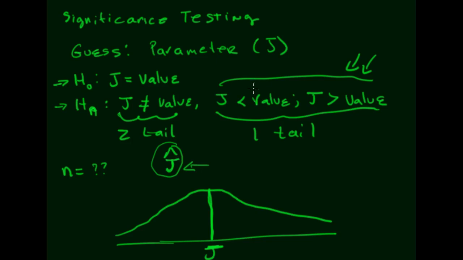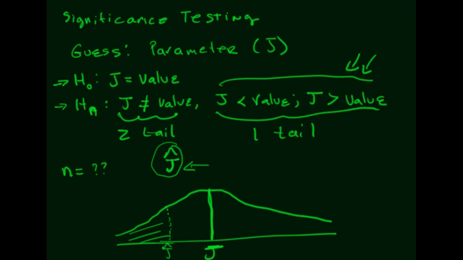So in the left tail test, usually that statistic is below your guess, right? If the null hypothesis were true, what would be the probability that I would get a statistic that was that or below?